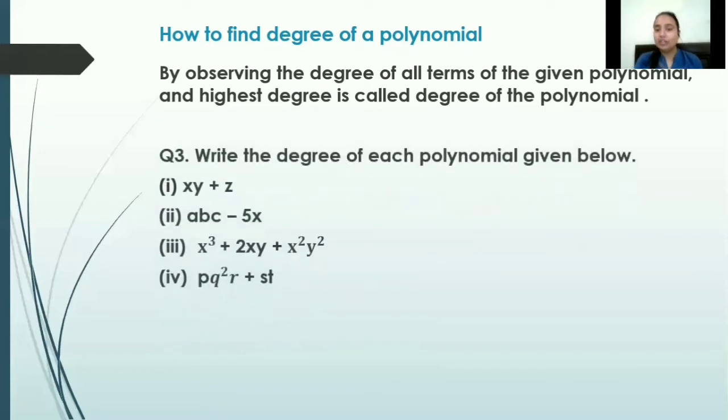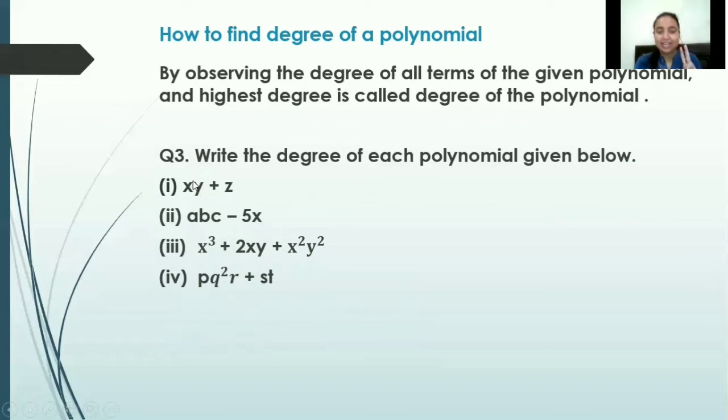Write the degree of each polynomial given below. See this, xy plus z. Here we need to understand how to count the degree of each term. So pay a little attention here. Here, xy. What is the degree of this term, 1 or 2?